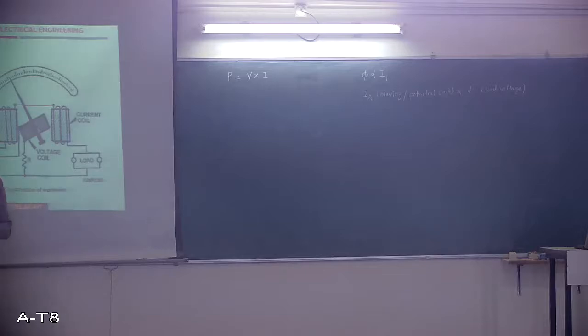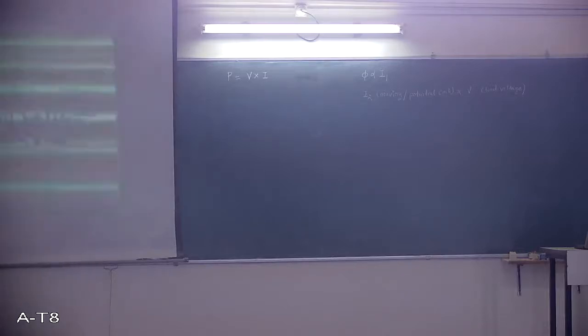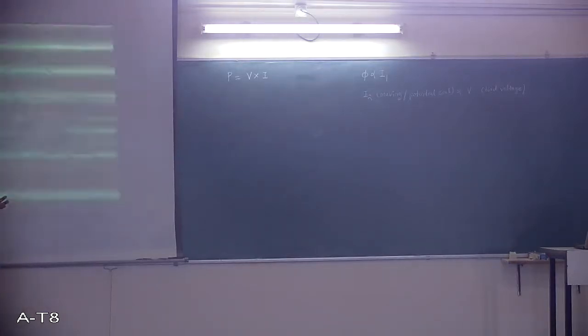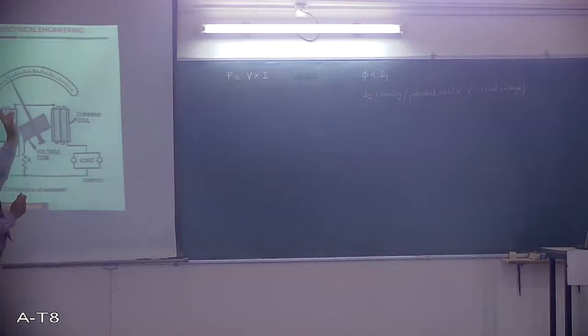How do they limit it? They produce their own torque, which we call the controlling torque. Now the pointer will come to rest at that point on the scale where the deflection torque and the controlling torque produced by the springs become equal. So that is the steady state, the final state.